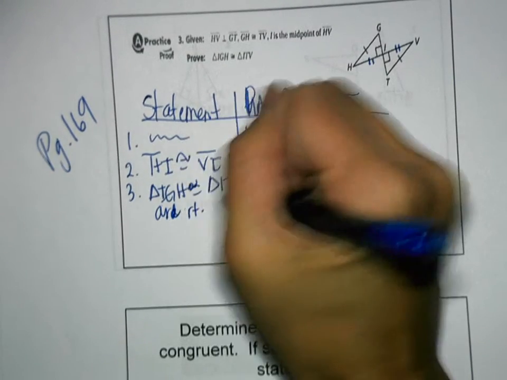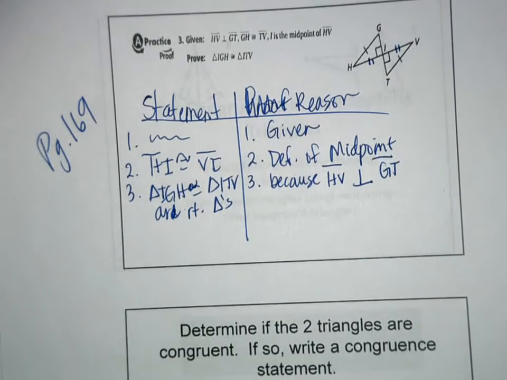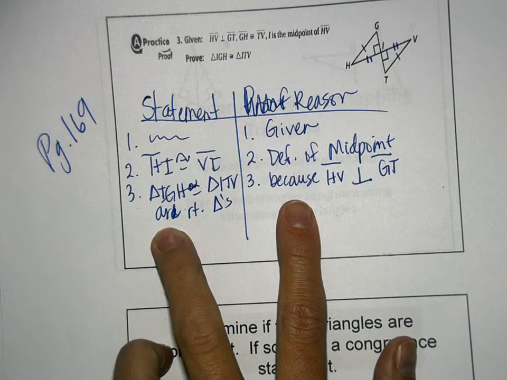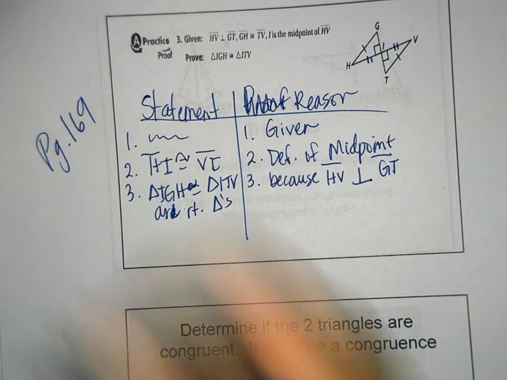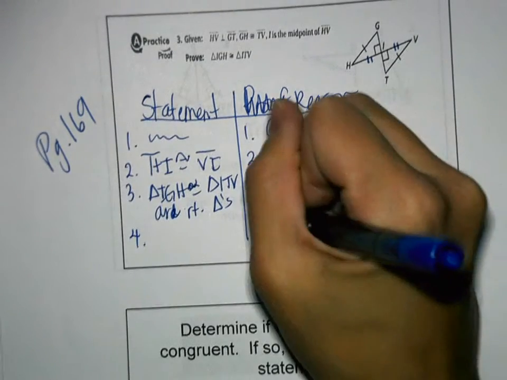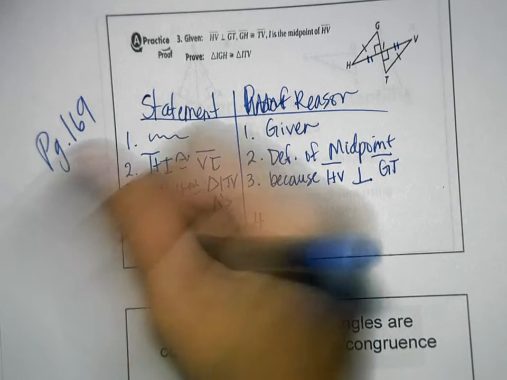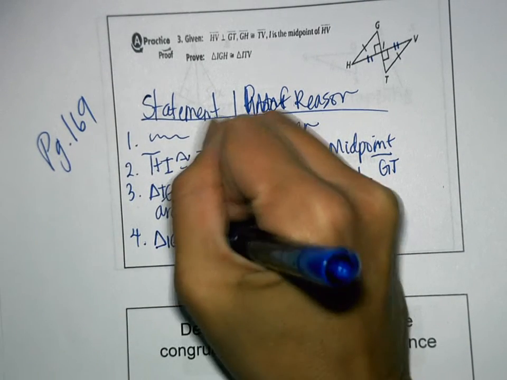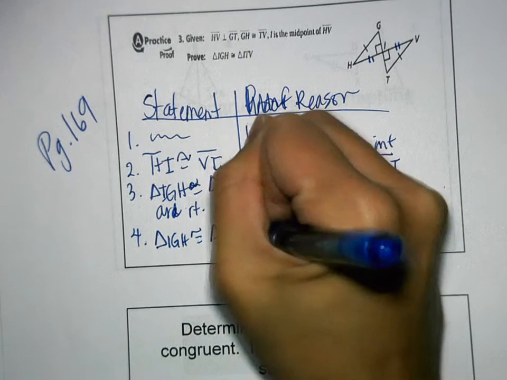All right, so we've proven that they are right triangles, and then we've proven those sides, and so therefore are our legs. So now my last thing is just triangle congruence. Triangle IGH is congruent to triangle ITV, and that is by hypotenuse leg.